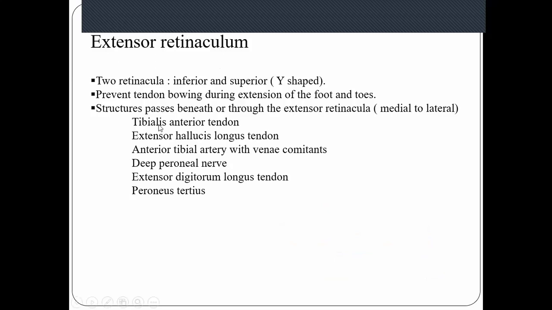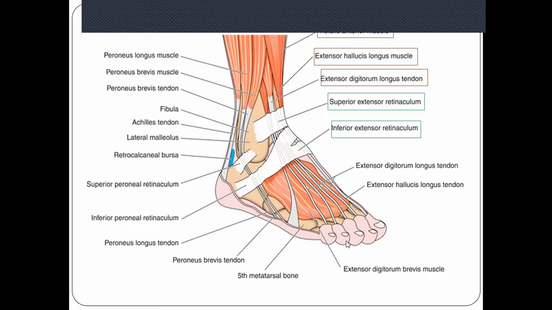Then the other thing you need to know is the extensor retinaculum. The extensor retinaculum of the foot consists of two parts. The first one is the superior extensor retinaculum, which is a band-shaped retinaculum, and the inferior extensor retinaculum, which is Y-shaped.